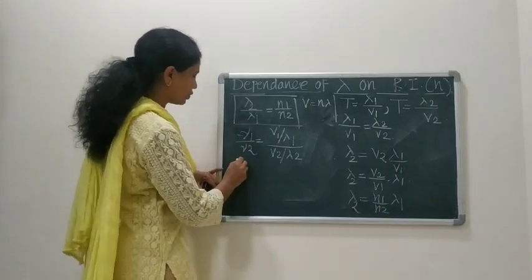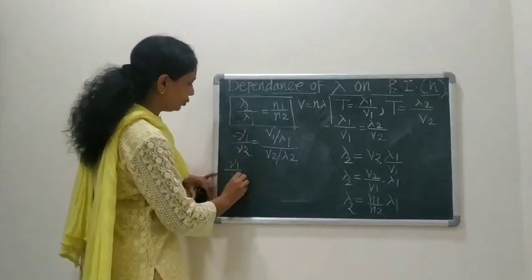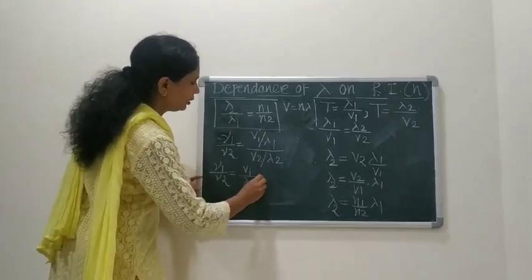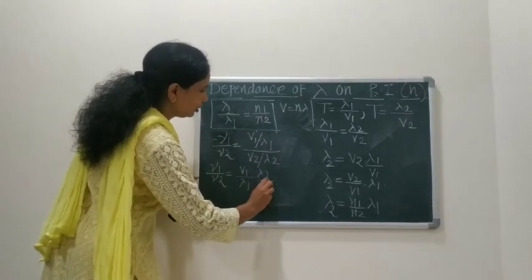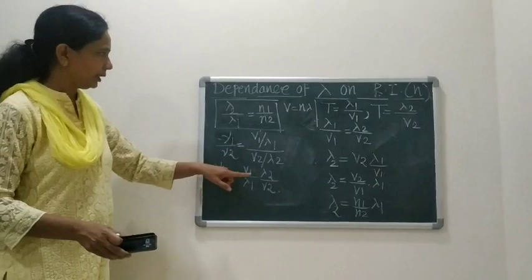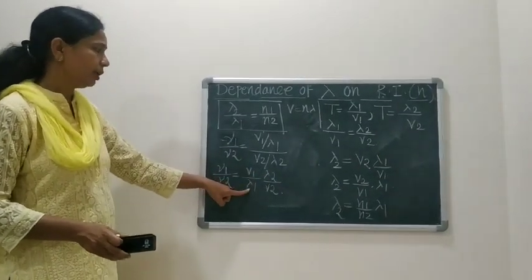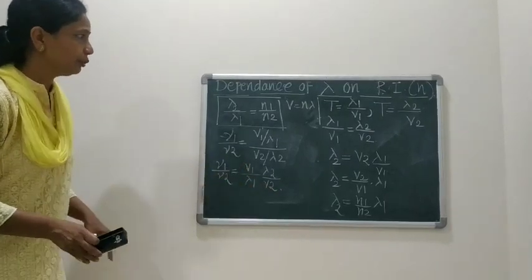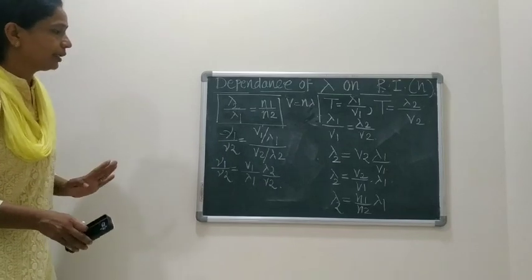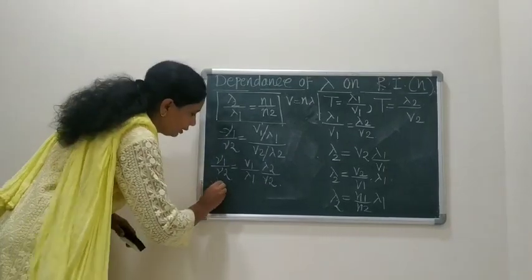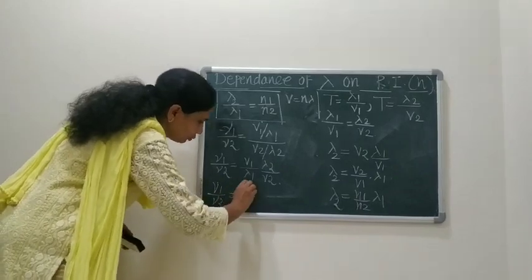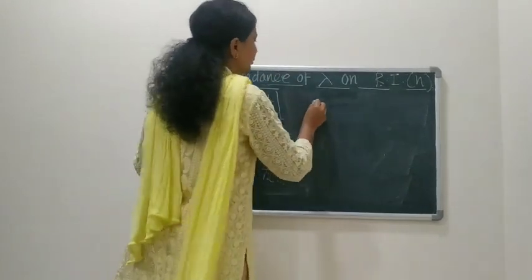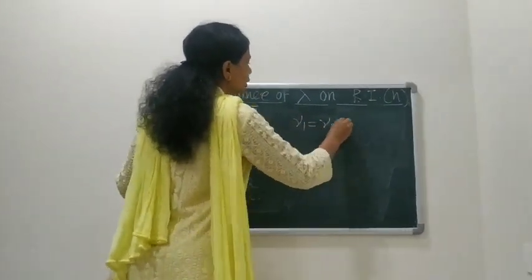Therefore nu1 upon nu2 is equal to v1 upon λ1 into λ2 upon v2. Then λ2 upon λ1 and v1 upon v2. When we put the value of v1 upon v2, we get nu1 upon nu2 is equal to 1, and therefore the last equation is nu1 is equal to nu2.